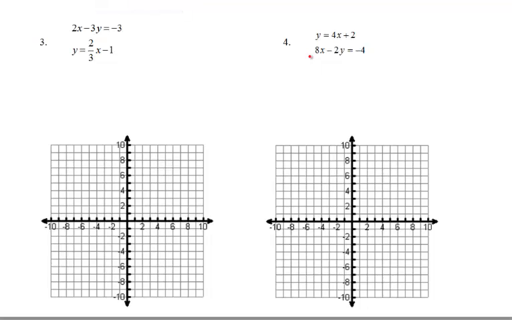For number 3, my first equation is not solved for y, so I'm going to solve it for y. And again, if you're confident, go ahead of me and then check your answer. I'm going to minus 2x and then divide by negative 3.